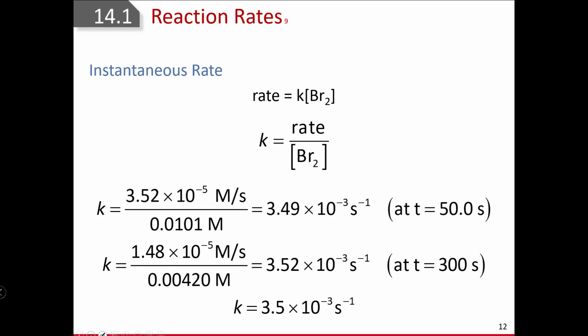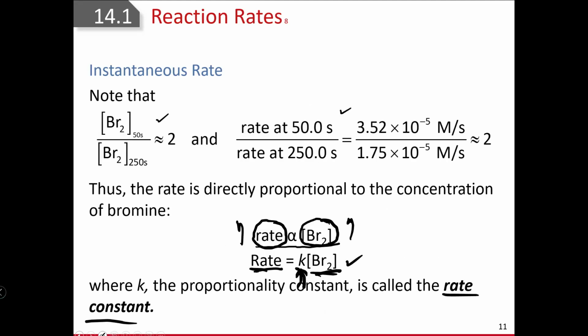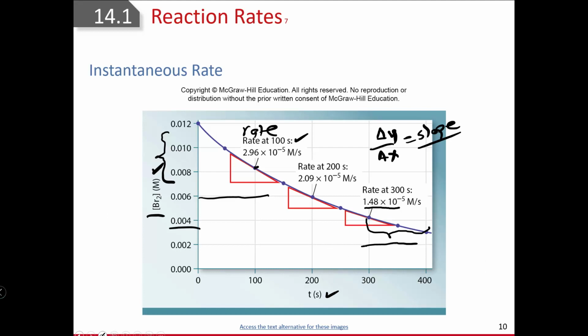So we want to solve for that constant. What is the constant? Let's explain what the constant is. The constant is whatever the slope is going to be through the course of the reaction.